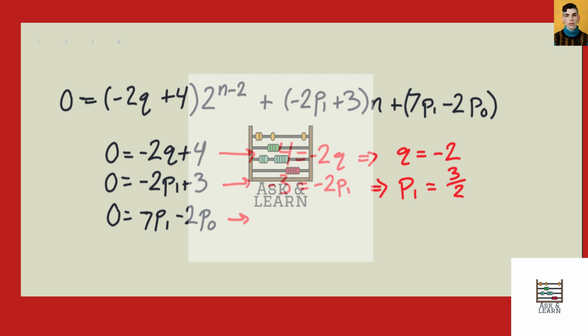So we get 2 times p0 is equal to 21/2. And then we just have to divide by 2, right? So we get that p0 is equal to 21/4.